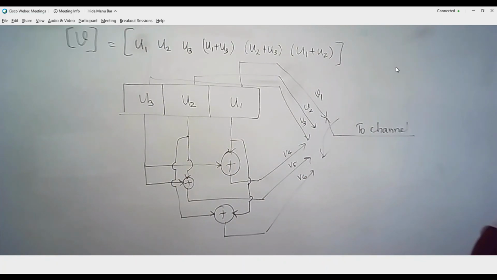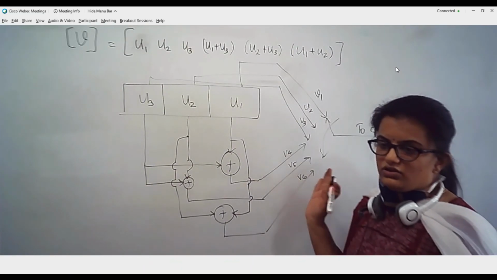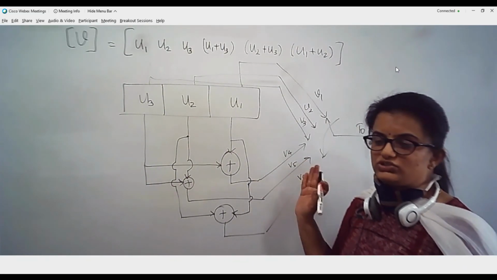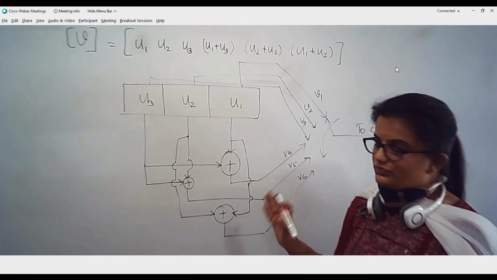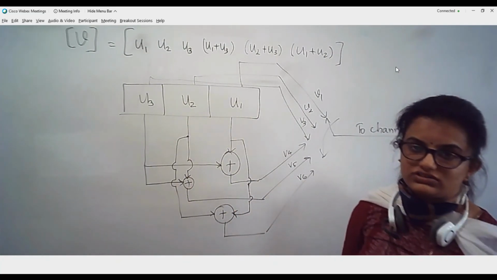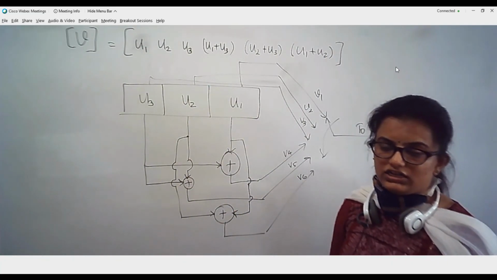So this is how you can realize the circuit for generating the code word as well as sending it over the channel. I hope this is simple enough to understand. This is the circuit diagram to generate the code word for the problem that we have solved on Sunday, which is a 6,3 linear block code.